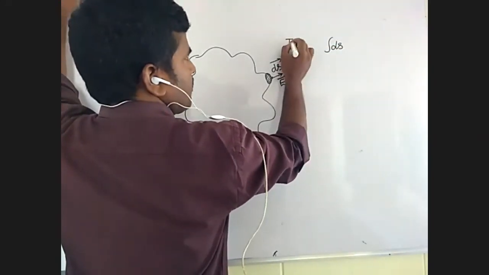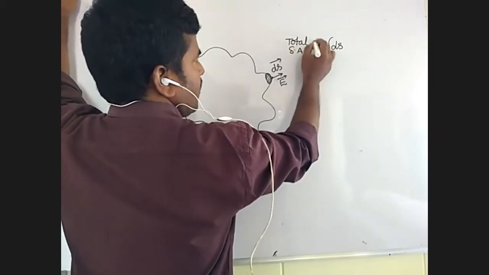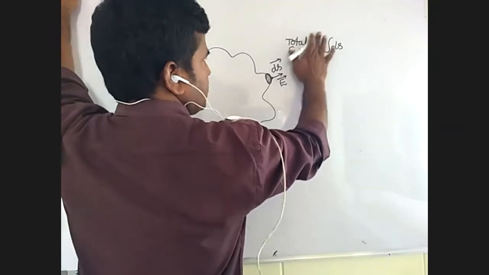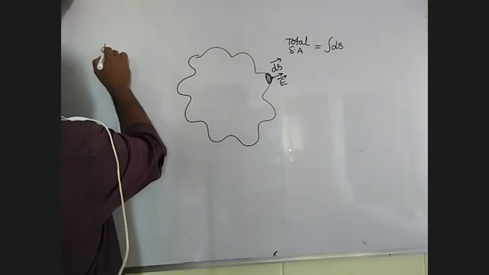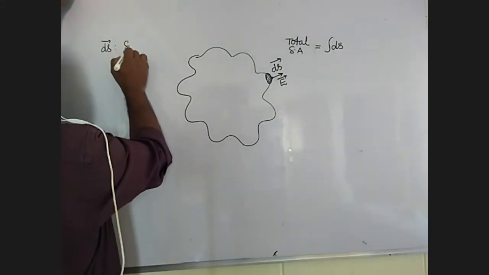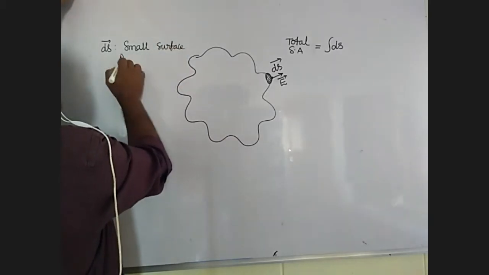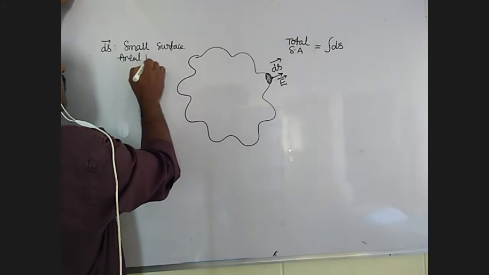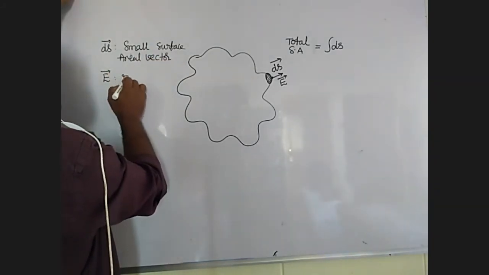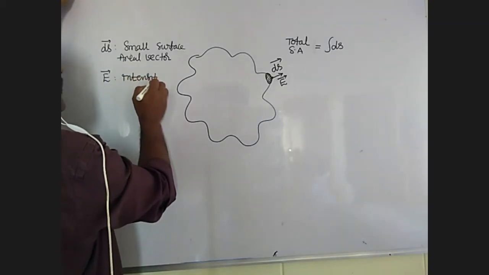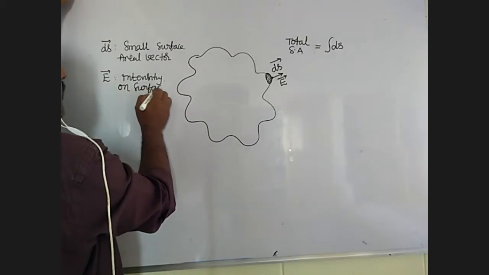This is the total surface area, so it equals the integration of ds. The small surface area ds indicates the areal vector. E bar is nothing but the intensity on the surface.